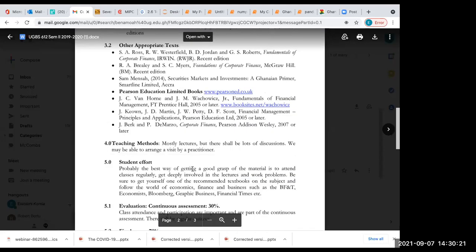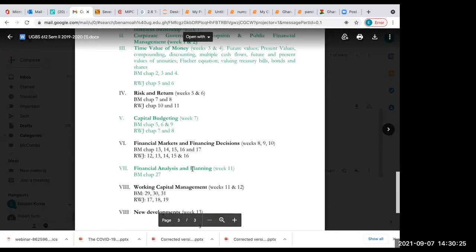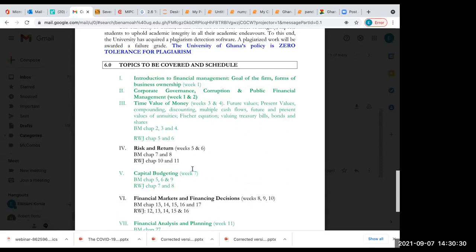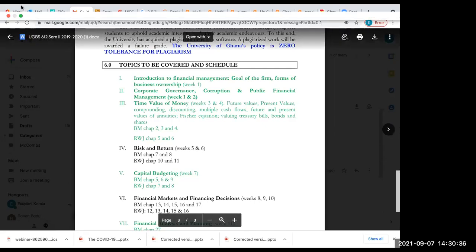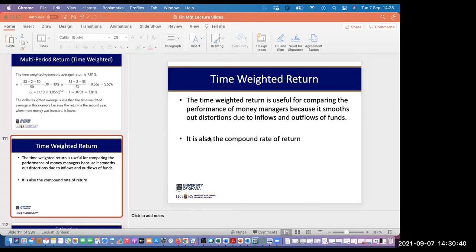So I'm sure Ben covered efficient markets with you. Anyway, when markets are efficient, it means that security prices reflect all available information, and consequently, it's difficult to outperform the market. So that's important to know and understand.